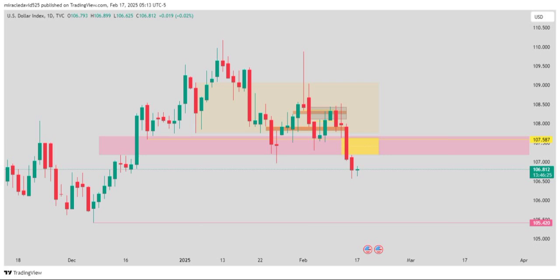My expectation is for price to go into that yellow shaded area, and I don't want to see it close above it. Even if it closes above it, the next candle should quickly come back bearish.